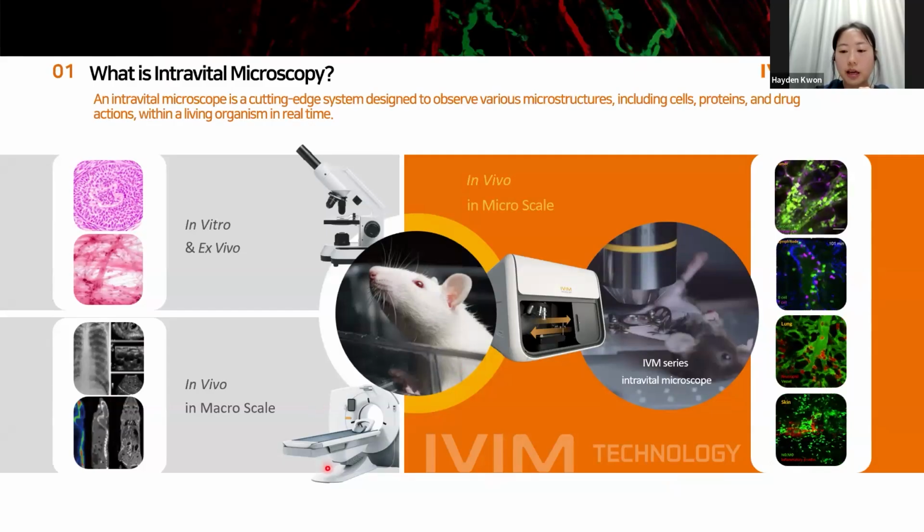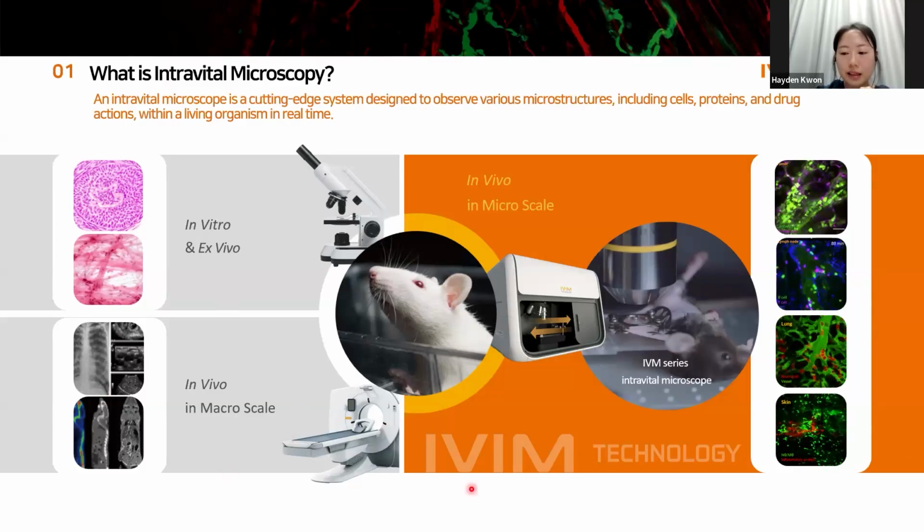While they provide detailed structural information, they only capture static snapshots, making it impossible to track dynamic processes as they unfold. Similarly, in vitro techniques using cultured cells allow for controlled experiments, but fail to fully replicate the complexity of the in vivo environment, where cells constantly interact within their native tissue and vascular networks.